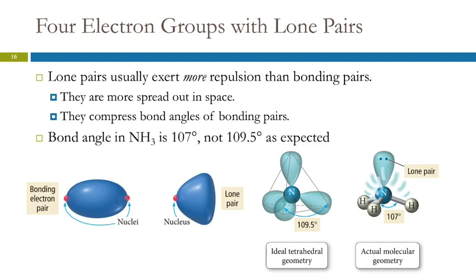And so what I want you to know is the bond angles for linear, trigonal planar, tetrahedral, and then trigonal bipyramid and octahedral. If you have a lone pair, the bond angles between the other electron groups will be less than what we expect, and that's good enough. Any questions? Other questions?